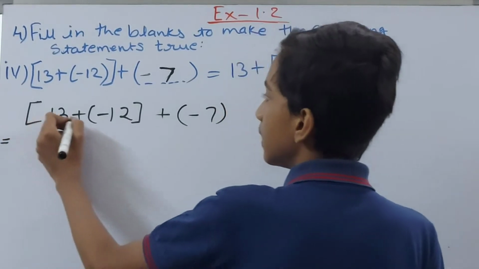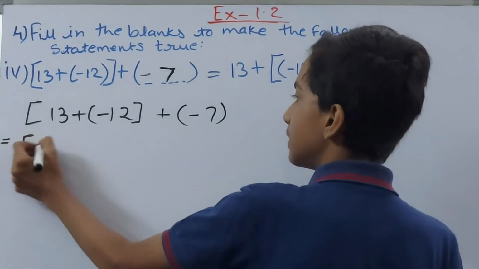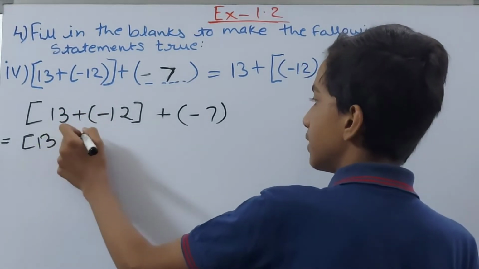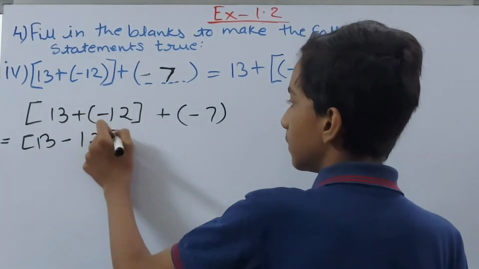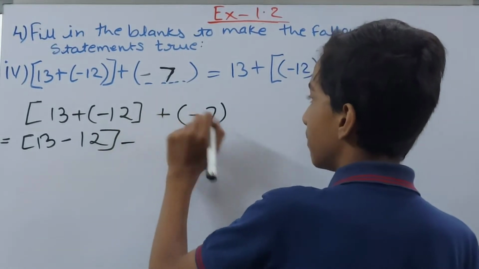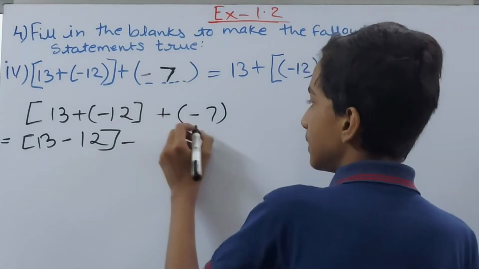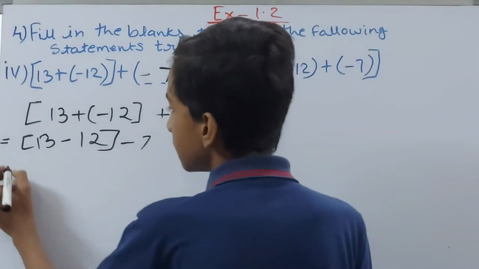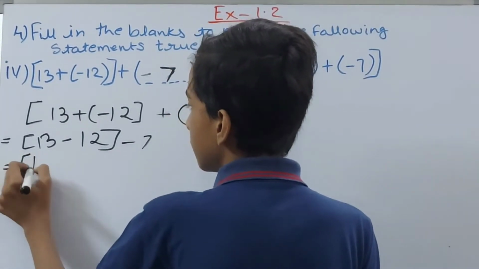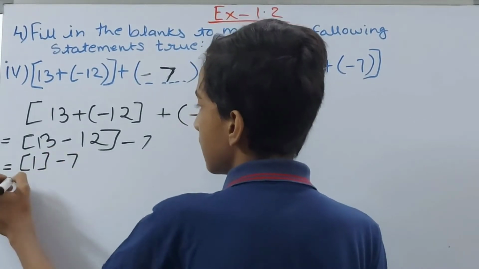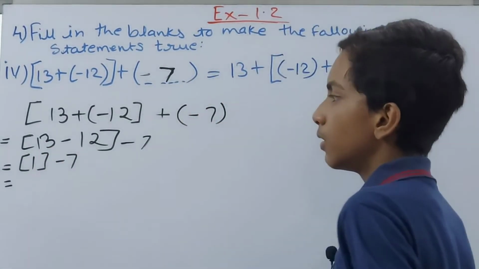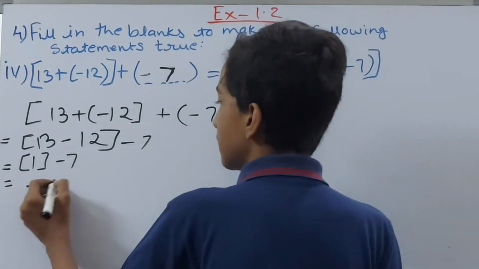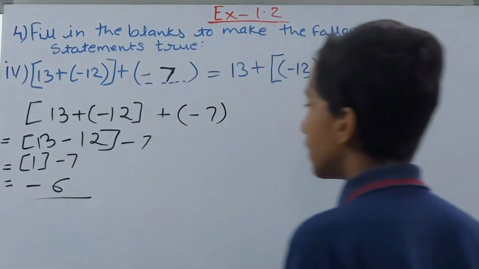This becomes 13 plus minus 12 in brackets, you close the bigger one, plus and minus will be minus 7, right? Now we solve the one inside here, this will be 1 minus 7, and that you open up, so plus 1 minus 7, both of them have different signs, so we get minus 6. Minus 6 is the answer.